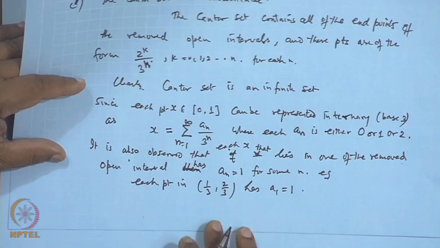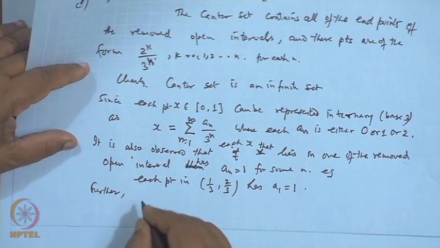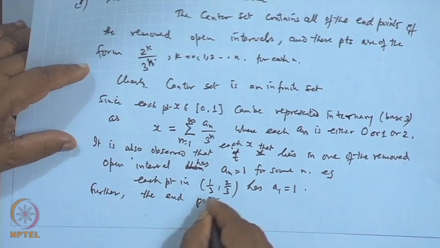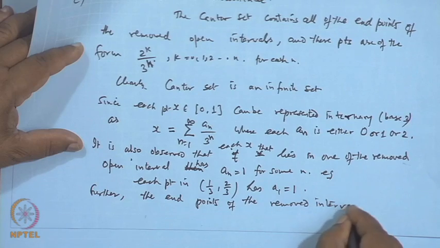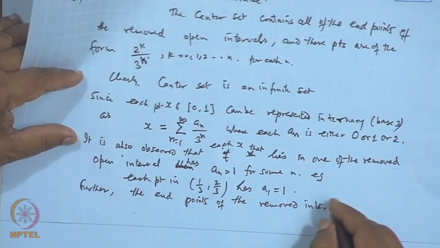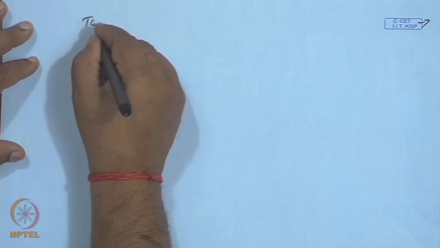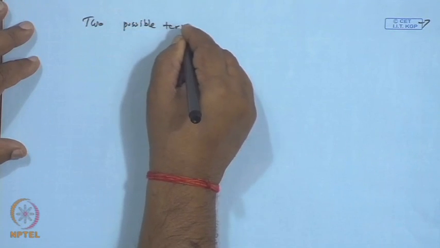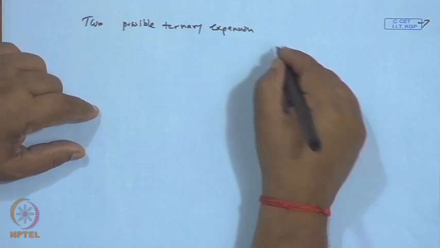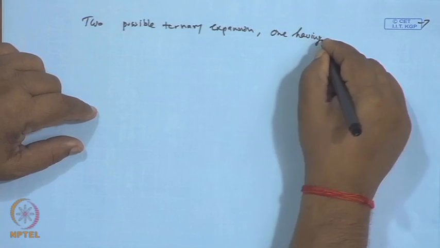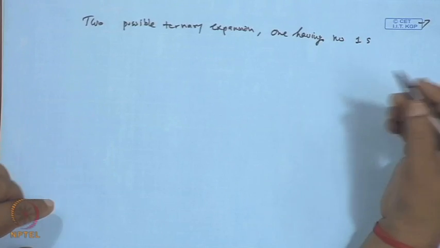Now, the endpoints of the removed intervals, say 1/3 and 2/3, have two possible ternary expansions, one having no ones and the other having some ones or 2s.